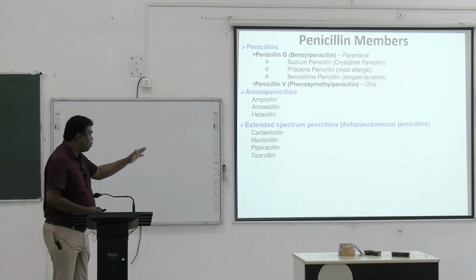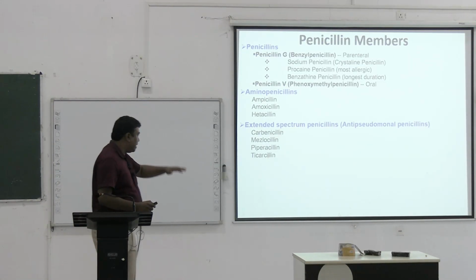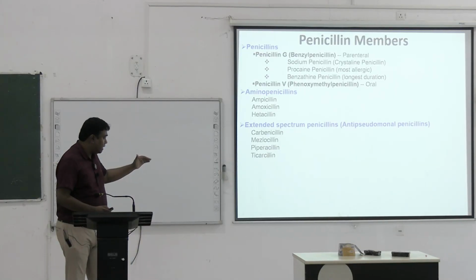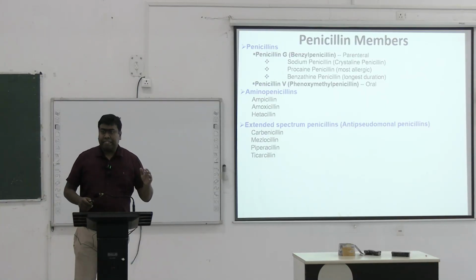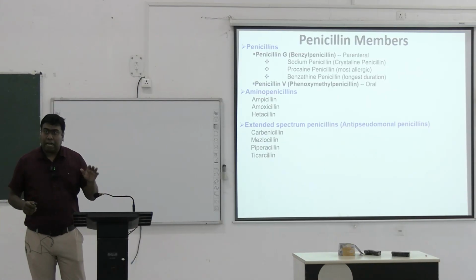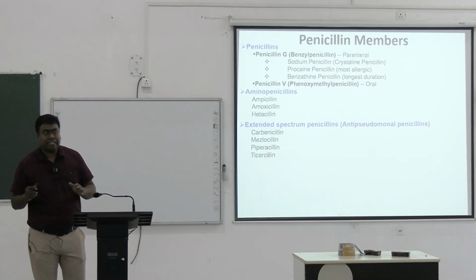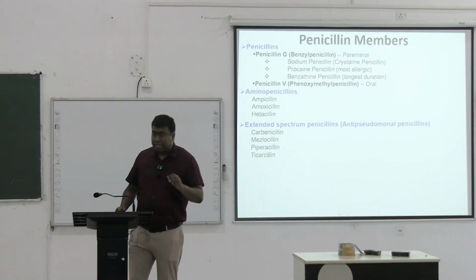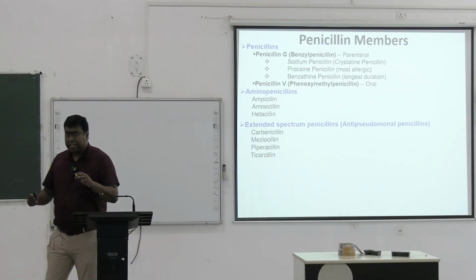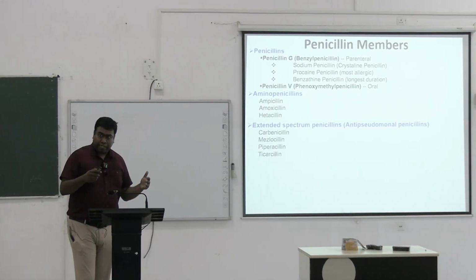So for MCQ purposes, the anti-pseudomonal penicillins are Carbenicillin, Piperacillin, Ticarcillin and Methicillin. These are also extended spectrum penicillins, but their characteristic is that they can inhibit pseudomonas, whereas ampicillin and amoxicillin are extended spectrum with better distribution, and they can be given orally.